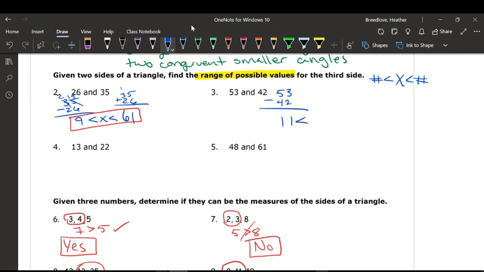So 11 is less than x is less than the large number, which is 53 plus 42. 3 plus 2 is 5, 5 plus 4 is 9. So anything between 11 and 95 will make a triangle. 11 will not work, 95 will not work, but anything in between will work.